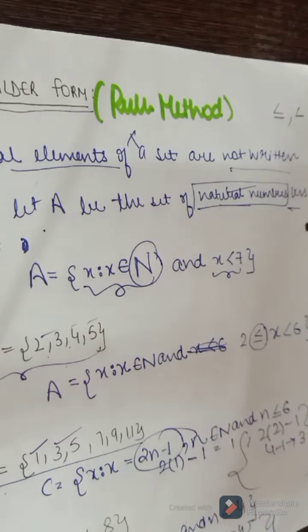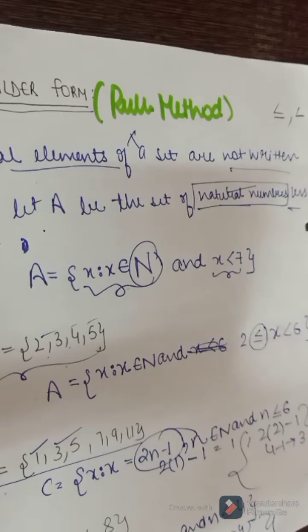So A is equal to {x such that x belongs to N and x is less than 7}, right? Because what is x? x represents those numbers that exist in this set. Those natural numbers that are less than 7 are represented by the variable x.